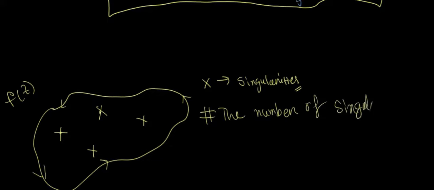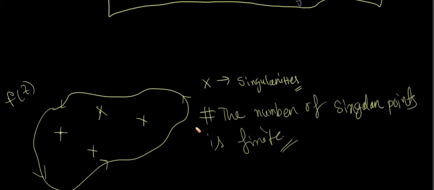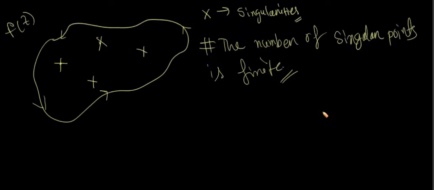This is what the theorem tells us: you evaluate the integral around this contour and you get this result. So I'll try to draw a very informal proof of it.